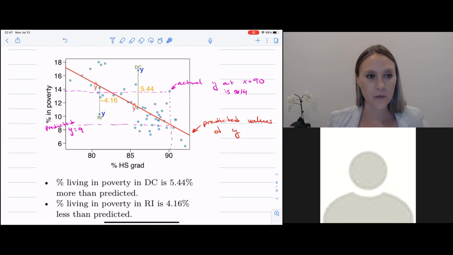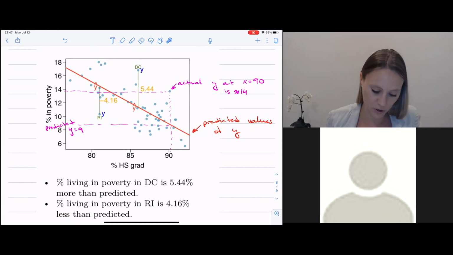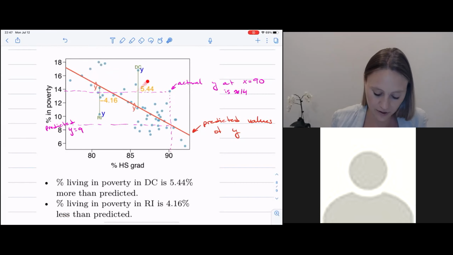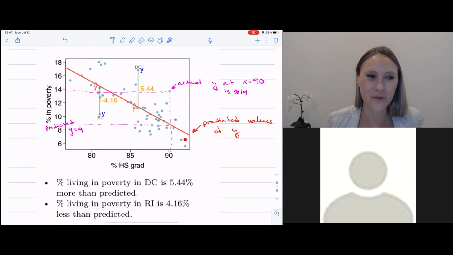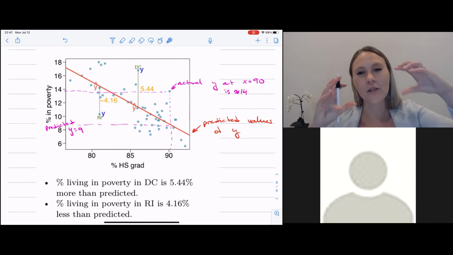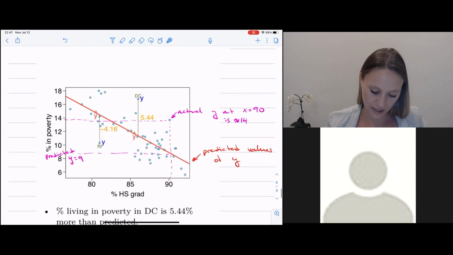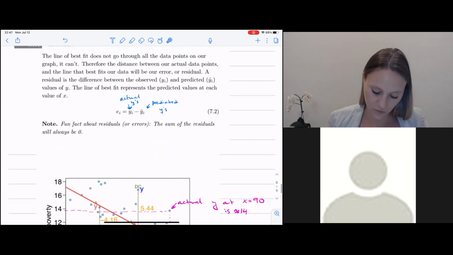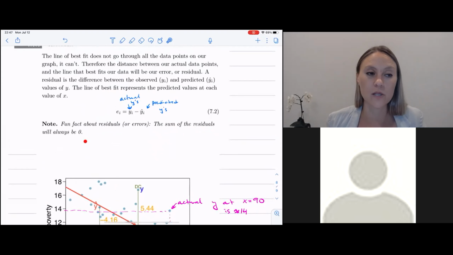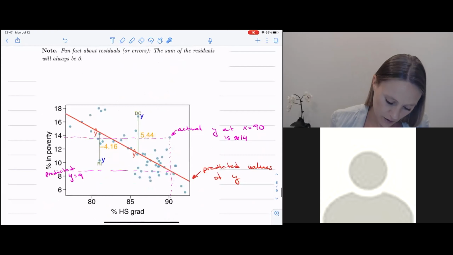And so we're going to get some positive residuals, and they're all the ones above the line here. And then we're going to get some negative residuals, and they're all the ones below the line. So if we add all those up, that's how we get the fact that the sum will always be 0, right?